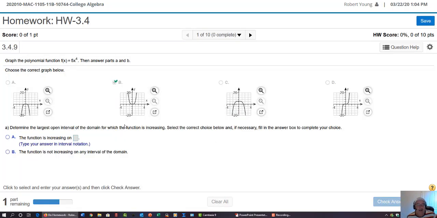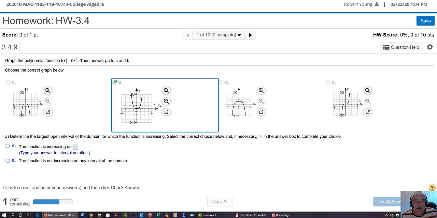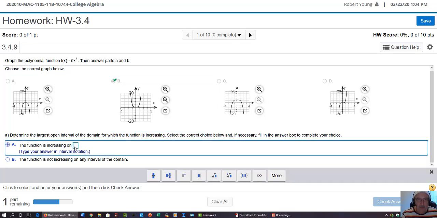Now, this one's going to ask you some things here. It's going to say, where is this graph increasing? And I would say this part right here on x has a positive slope here. So I'm going to say increasing from 0 to infinity. And you might want to do your copy and paste thing here as you do these.